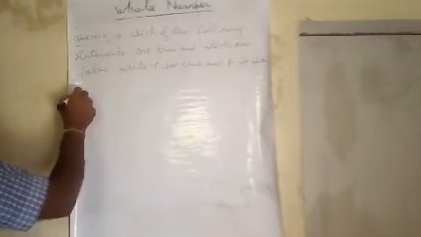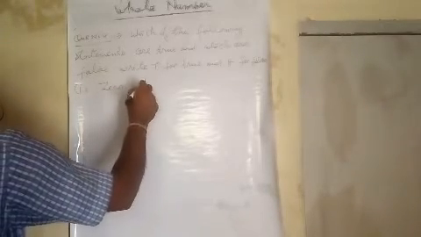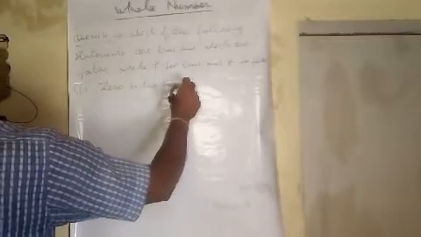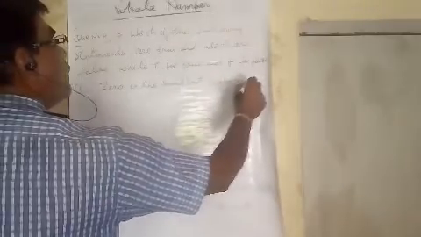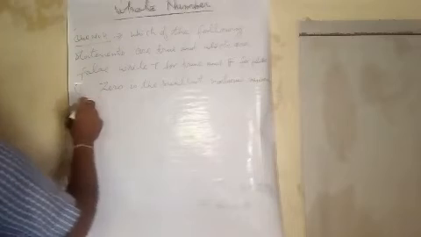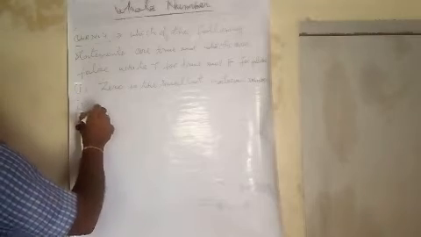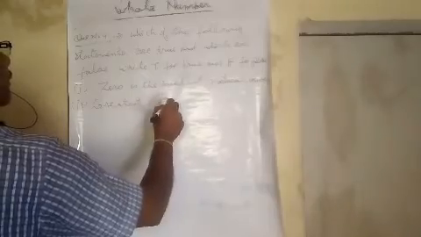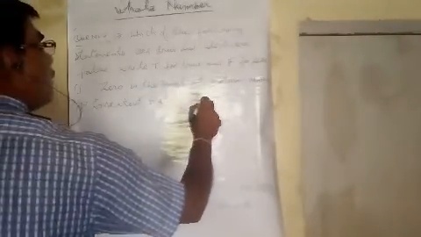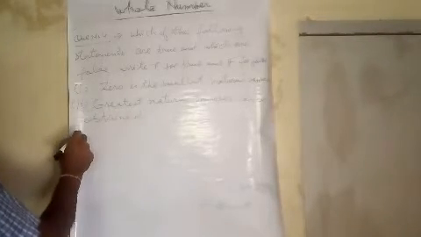First part is, 0 is the smallest natural number. Second part is, the greatest natural number can be obtained.